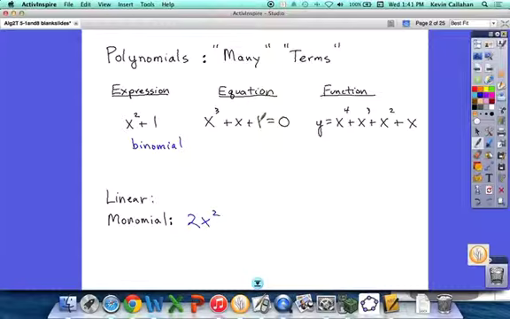So this is a trinomial. Okay, and the function at the end, where it's y equals a polynomial expression, how many terms are in that? 4. When you get above 3, you just say polynomial. Polynomial is for 4 and above.